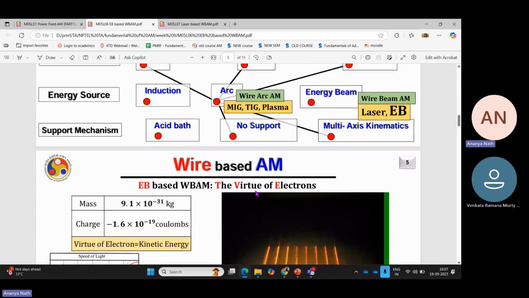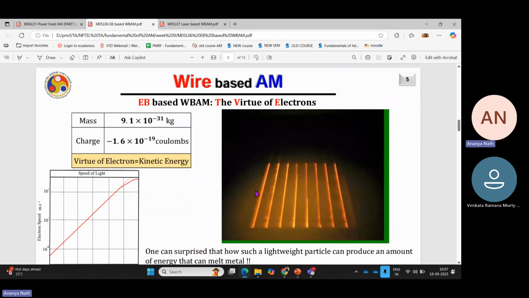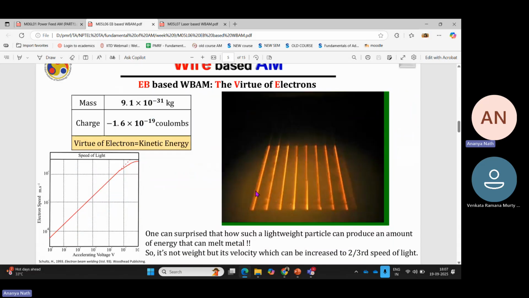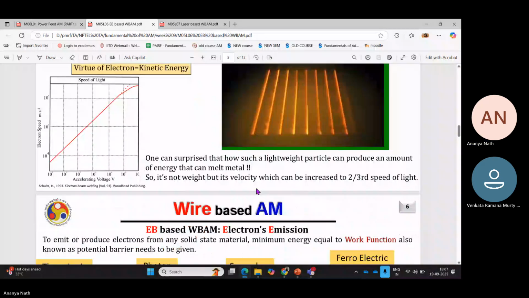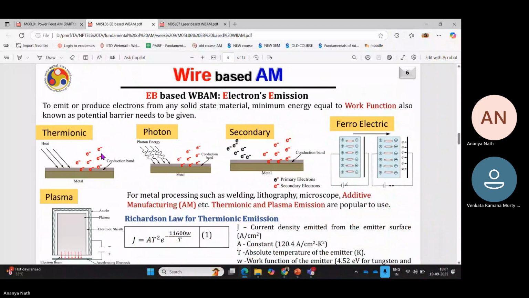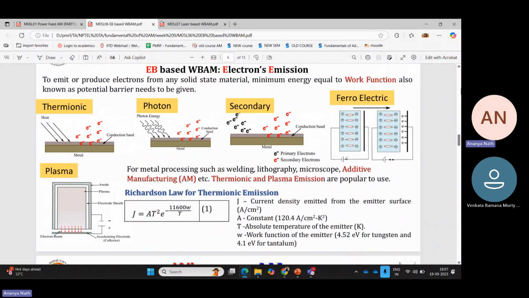Electron beam is basically a beam of electrons coming from an electron gun, and it's similar to an arc or a laser source. It's basically an energy source which is capable of melting the metal. This is the electron emission, the normal process or spontaneous emission of electrons. If you put heat, the electrons come out from the conduction band.